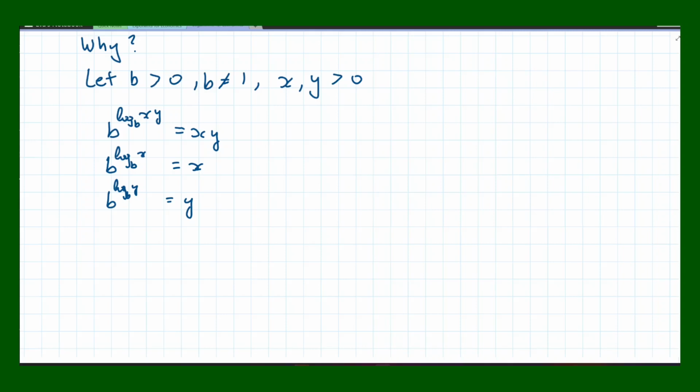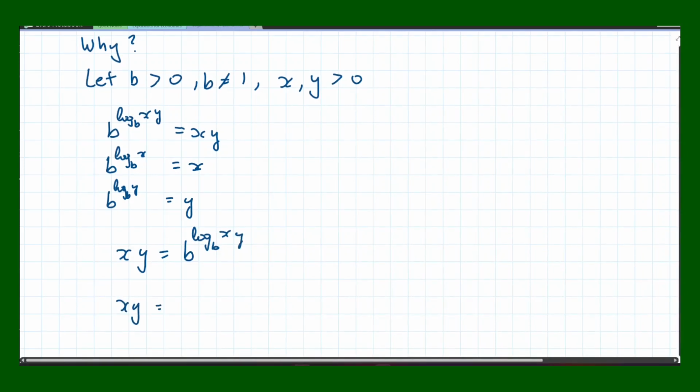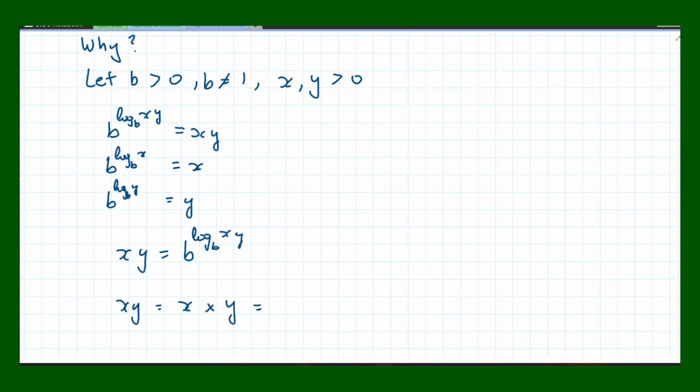Now, why is it good for us? Well, it's good for us because now we have got two ways of expressing x times y. I can write x times y as b to the log base b of xy, but I can also write x times y as x times y, and I can replace x by b to the log base b of x, times y, which is b to the log base b of y.